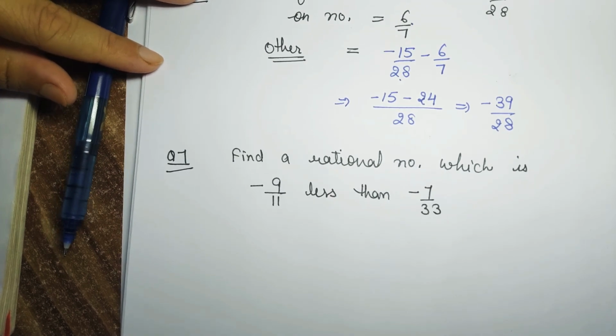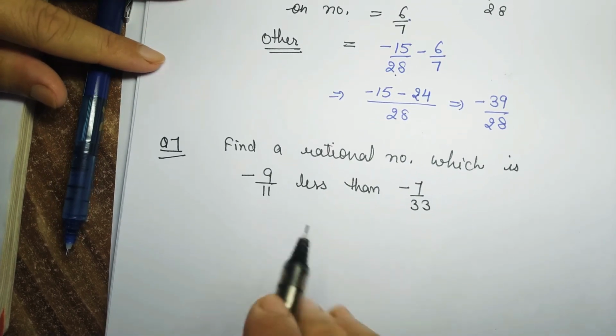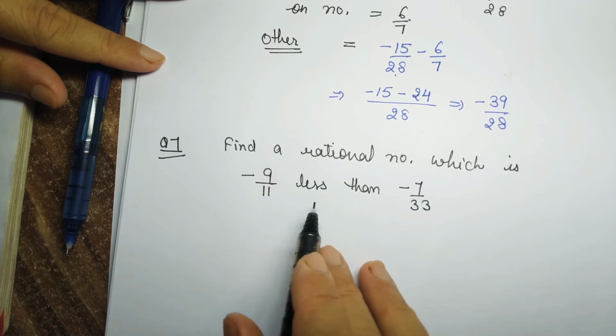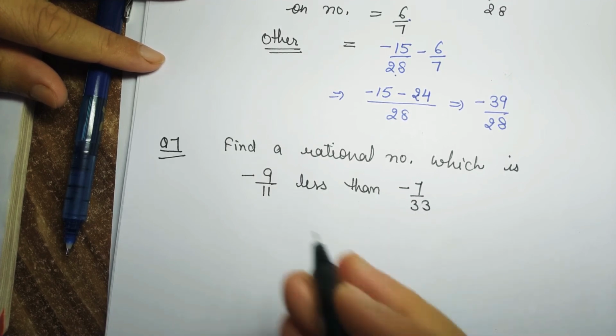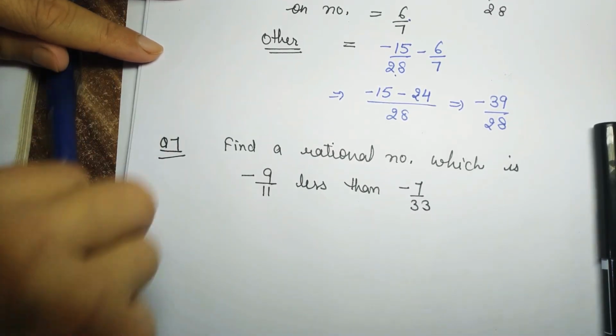Find a rational number which is minus 9 by 11 less than 7 by 33. So directly we will do this one.